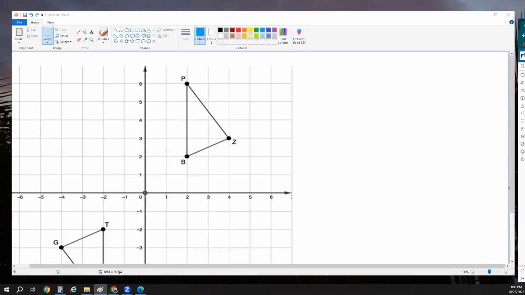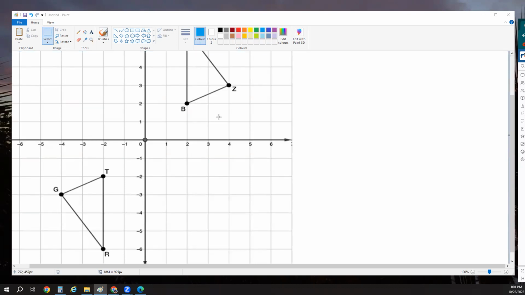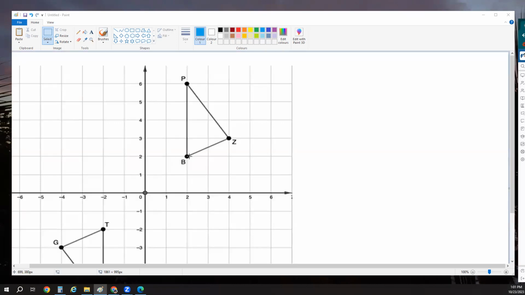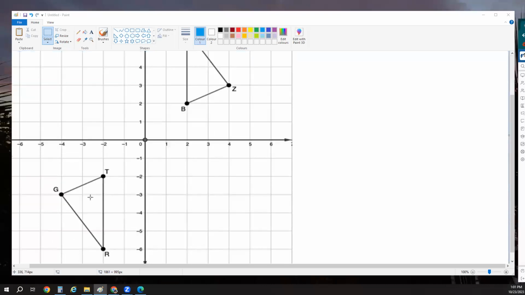All right, so we have reached the end of Unit 4, and this is Unit 4, Lesson 8, and it's pretty much a culmination of everything we've learned. What they're trying to get us to do is showing us the two polygons, and they want us to write the algebraic descriptions and the written descriptions of what it's going to take to map these two congruent shapes over top of each other.